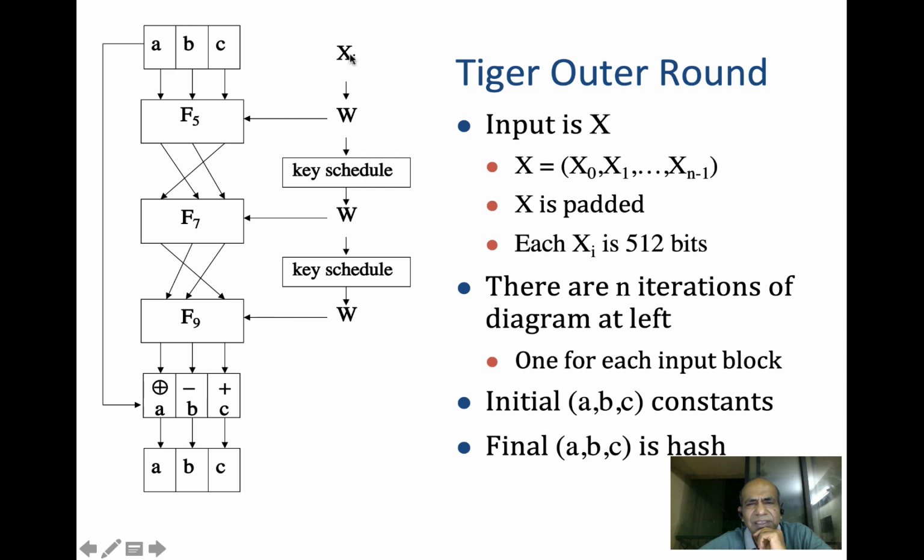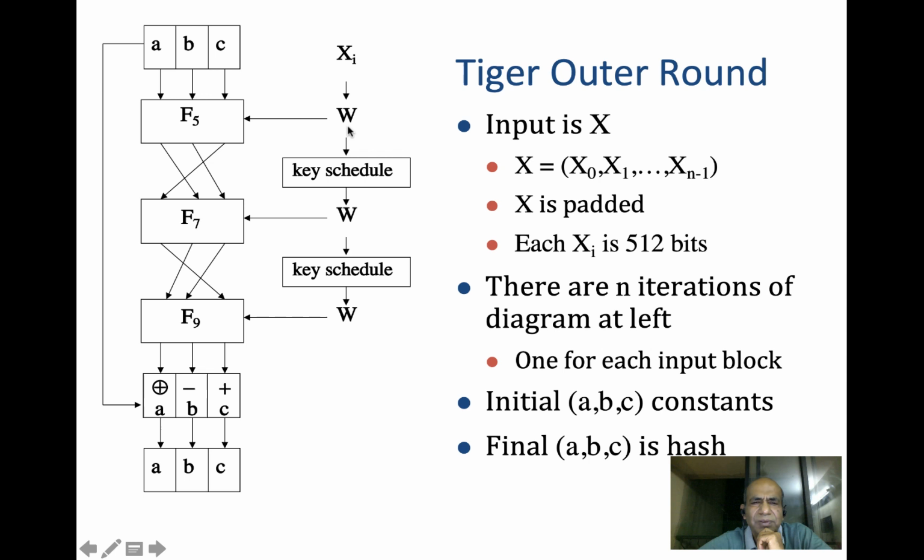In phase 1, in the beginning, when the algorithm starts, we take three constants A, B, C and the value of x0, and from that we get W, and that goes as input into some function, some calculation, and the output of that is then shuffled and goes to the next stage.